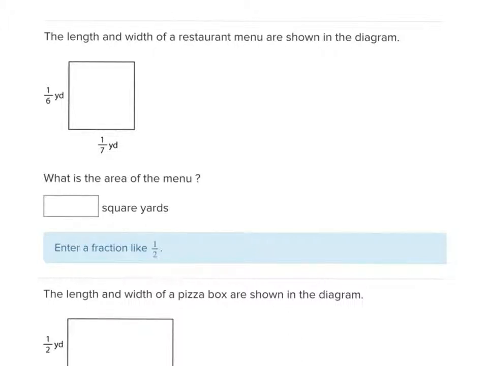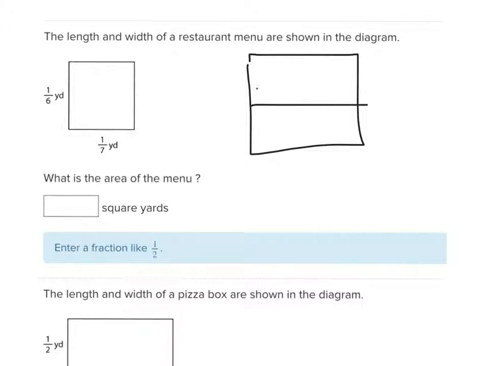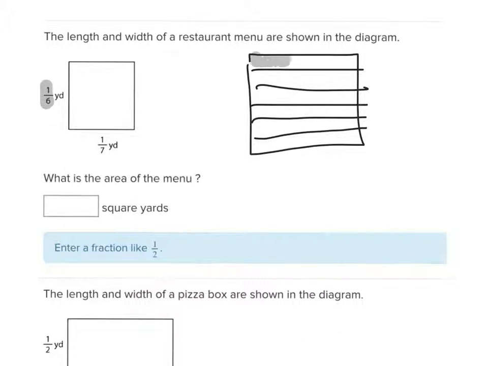So 1/6 and 1/7. All right, so I'm going to draw a box. I'm going to make 6 rows. I'm going to shade in 1 of them because I'm dealing with 1/6. I'm going to make 7 columns.